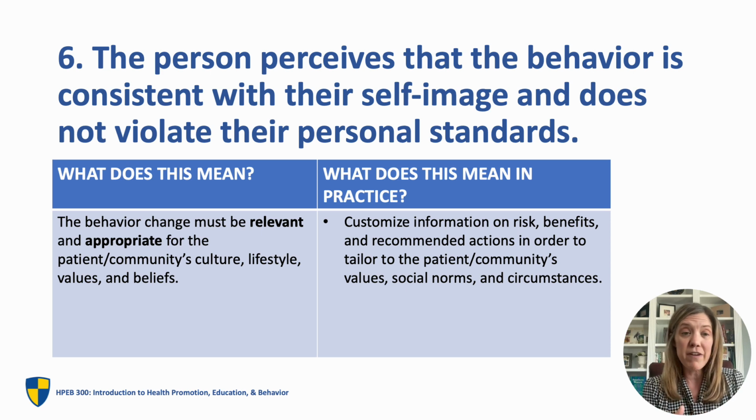So we have to know as professionals what that person's particular community culture, family culture, lifestyle, we have to know what their values and beliefs are to then help influence them in understanding that, yes, this health behavior is incredibly relevant and appropriate and aligns with their identity. So that means that as a professional, we have to really understand and customize, tailor information about particular health behaviors in ways that align with their identity, with their family values, with who they are as a person.